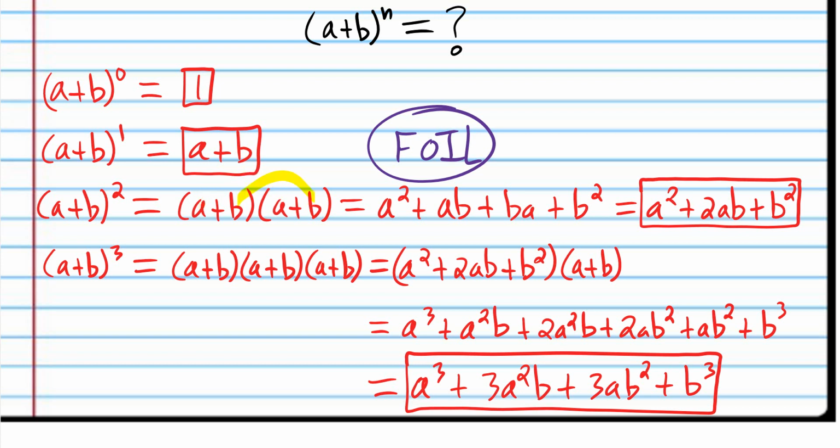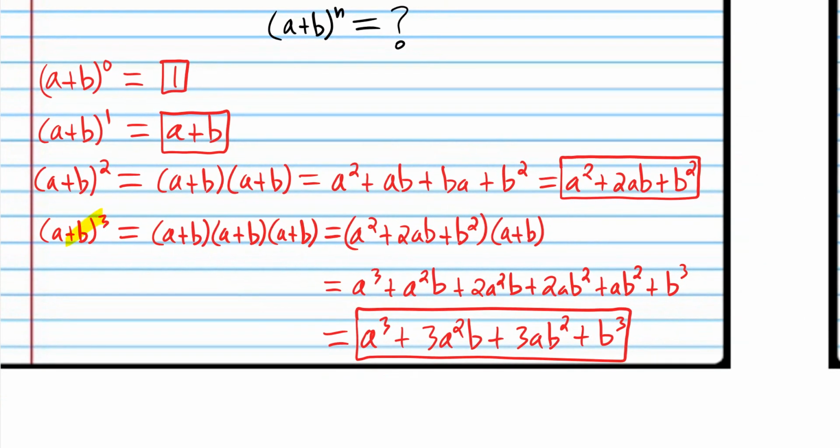We've done this thousands and thousands of times in my curriculum. So if you do that, you get this expression here, which simplifies to this trinomial if you combine like terms. Now let's try to expand a plus b cubed. Now we have a plus b times a plus b times a plus b.